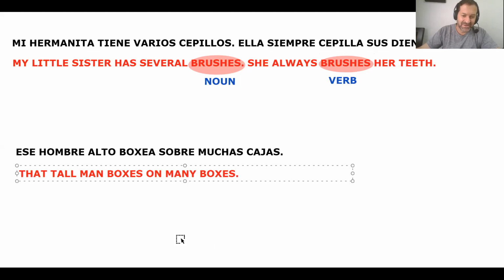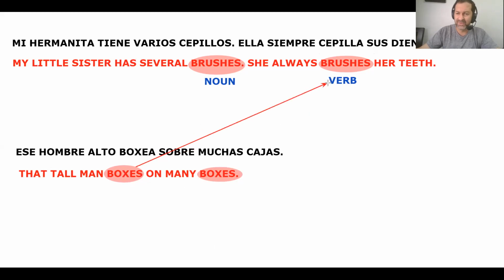So it's exactly the same. What we have to do is to identify first the words, but in this case they were crossed. Boxes in here, I'm talking about the verb, and boxes here, I'm talking about a noun. So take that into account. A word in English can work in different ways. It can be the same word, but can have many different grammatical qualities. All right, that's what I'm talking about.